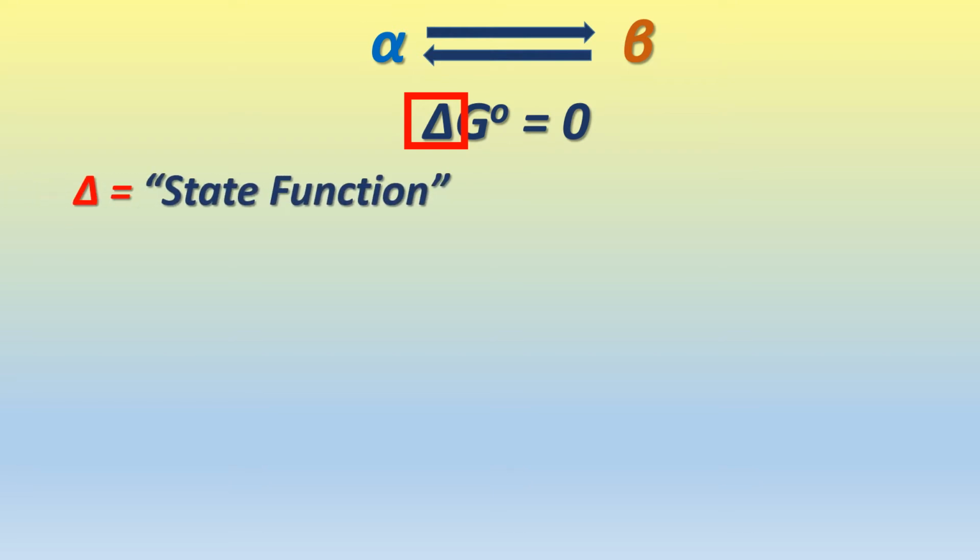So, I have an equilibrium between phases alpha and beta with a standard delta G of 0. Delta, as you recall, is a state function, where delta G is G final minus G initial.